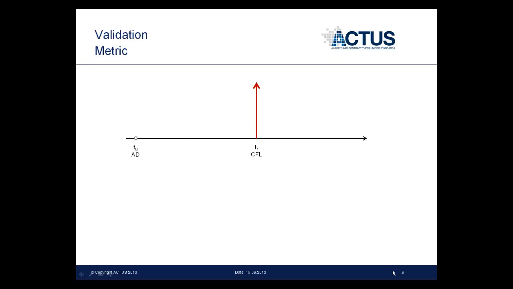In order to understand what this means, take this simple example. We are at analysis date AD0, T0 or AD0, and we have an instrument with exactly one cash flow at T1.